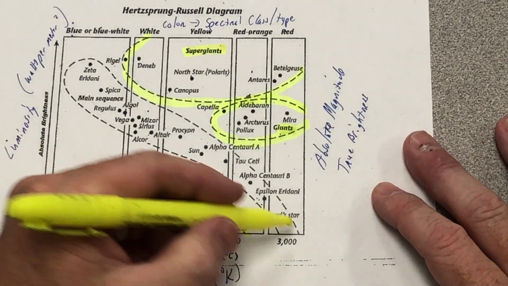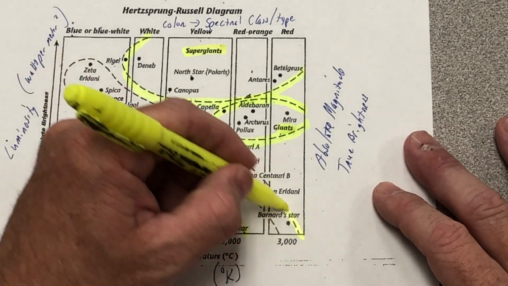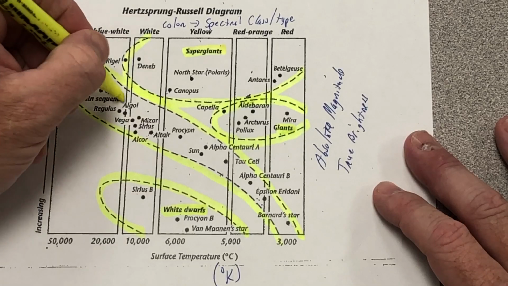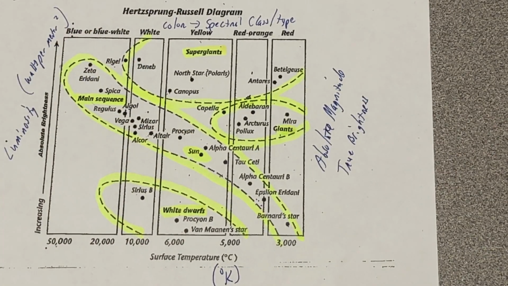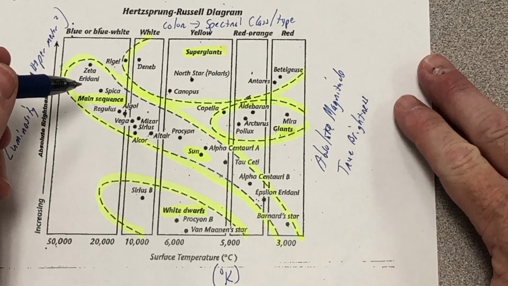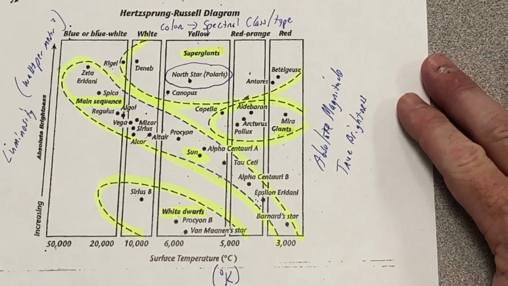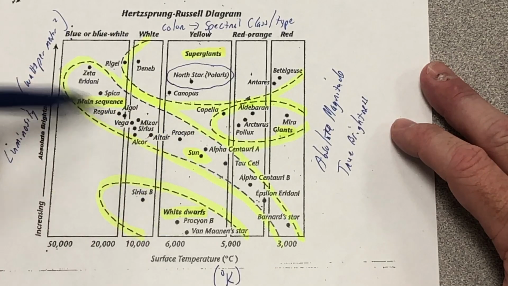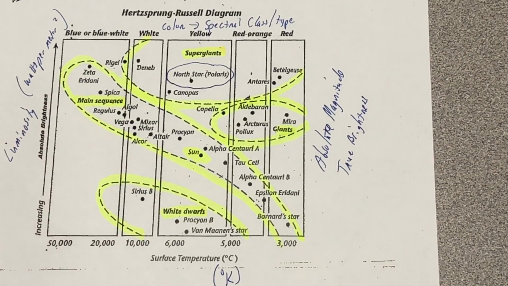And then this big section of stars that goes from the bottom right up to the top left, right here, okay? Those are your main sequence stars, which is what our sun is. Now, one other popular star you'll see sometimes, well, you see all the time in the night sky, but people talk about, is the North Star, okay? That is a supergiant. So there are some star names in here you can familiarize yourself with. Some of you may have heard them when you talk about different things in astronomy.